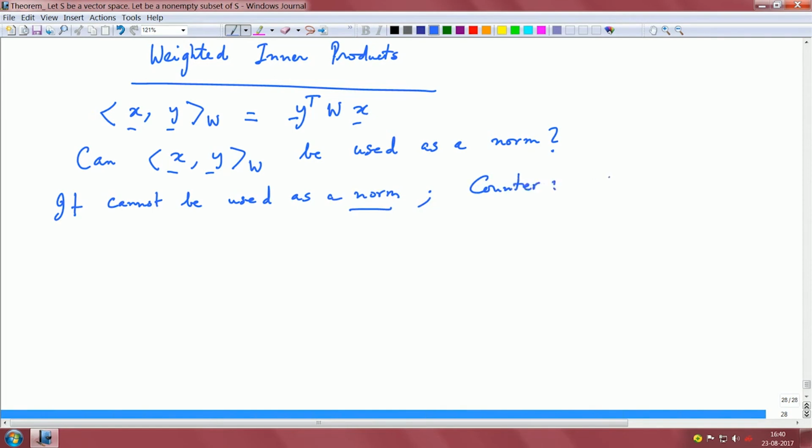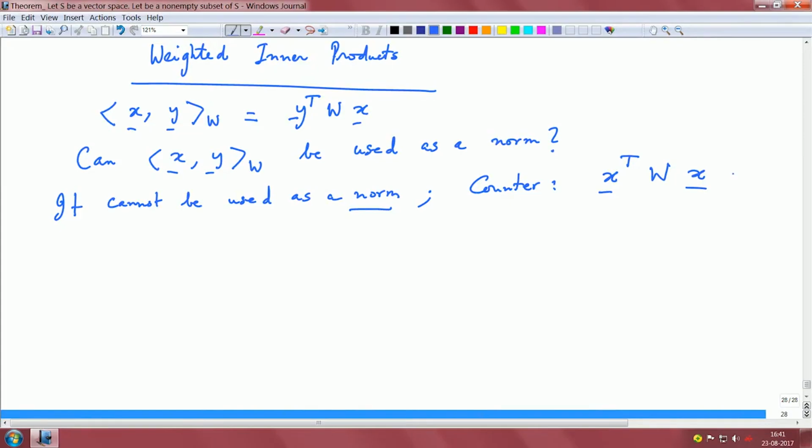A simple counter would be basically, if you think about this as an induced weighted norm, where y is same as x, and then I have x transpose Wx, right.